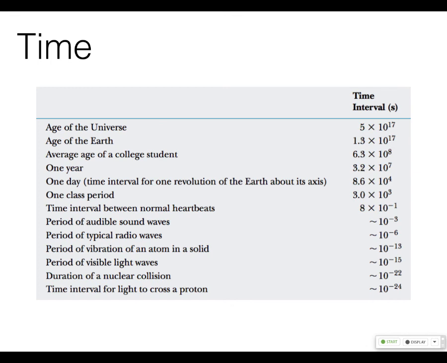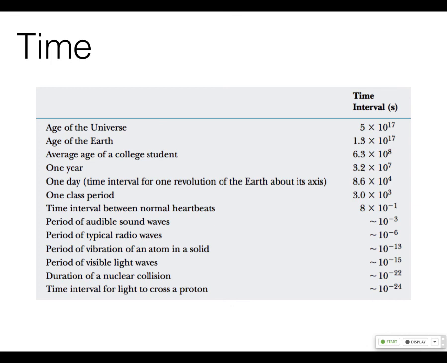Some of you are older, some of you are younger, but on the order of 10 to the 8. 1 year, about 10 to the 7th. And you can see how many times this is this. About 20, right? So you're all on average about 20, according to this.